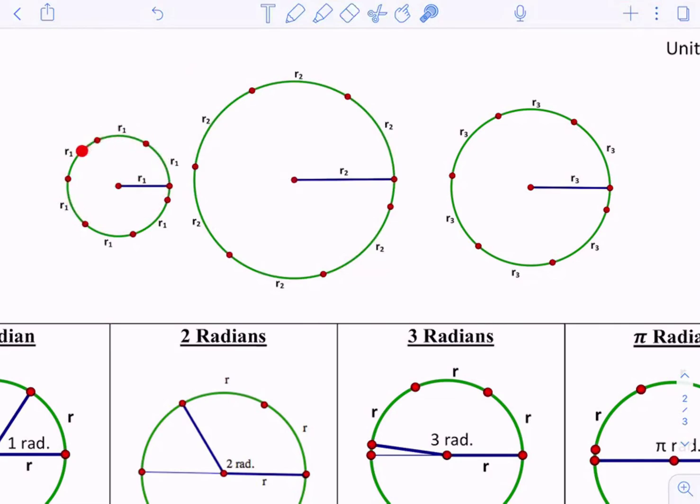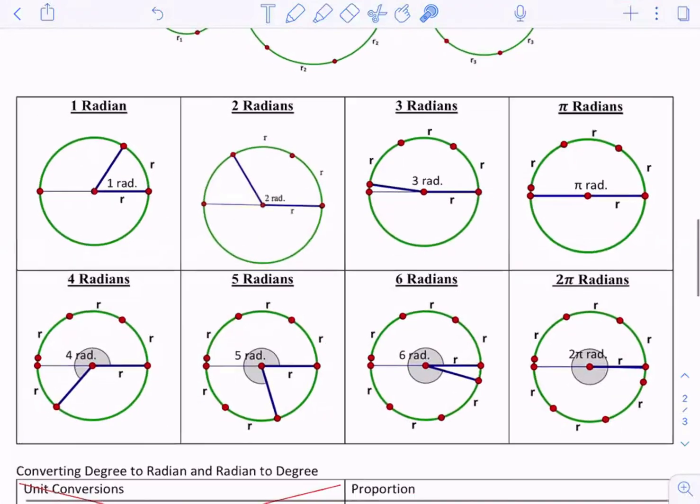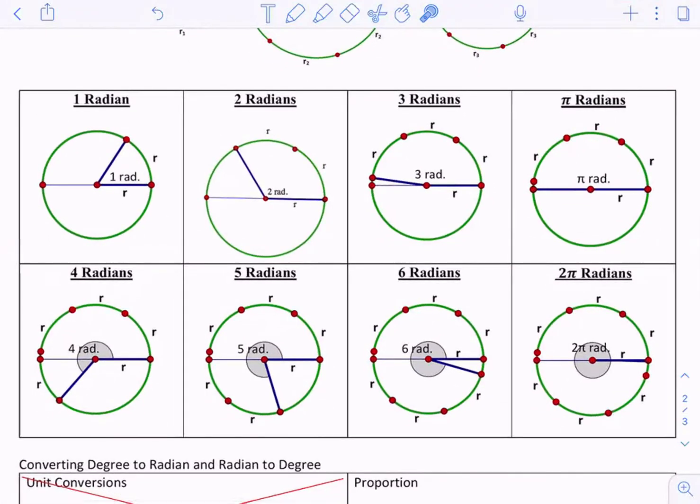So the amount of radians around the circle is the same, just like no matter what circle you have, the amount of degrees is always 360. Looking here, here's an example of 1 radian, 2 radians, 3 radians, pi radians, 4 radians, 5 radians. Notice it's darkening in the angle. 6 radians, and then the whole circle is 2 pi radians.